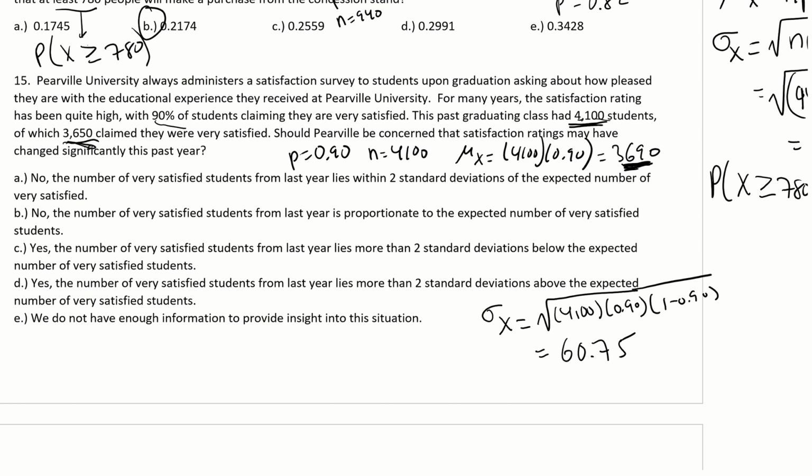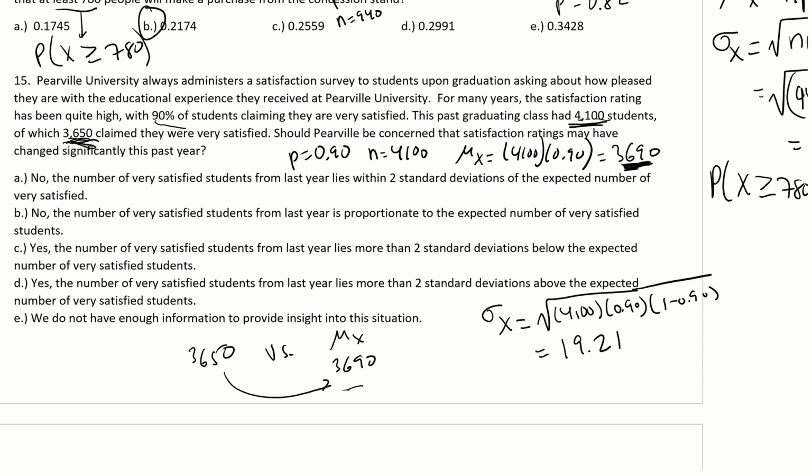Let me fix this number. It's not 60, it's 19.21. Sorry about that. They got 3,650 that claimed they were satisfied, and normally the average is 3,690. So they're below by 40.